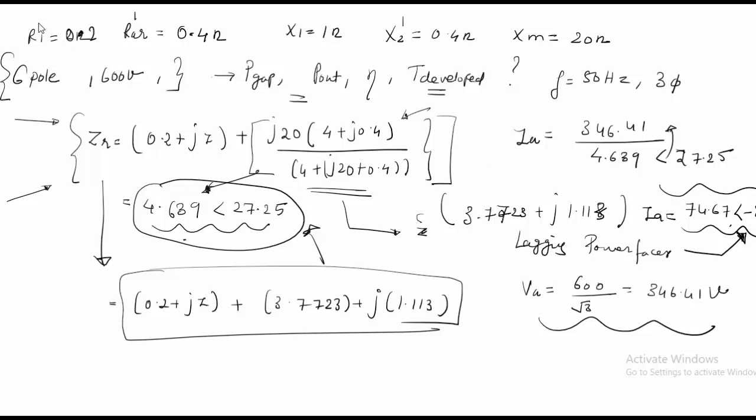Now the power, if you are calculating the total power input, will be equal to root 3 into, which is per phase, into 3, or it is equal to 346.41 into 74.67 into cos of 27.27, which is the power factor.